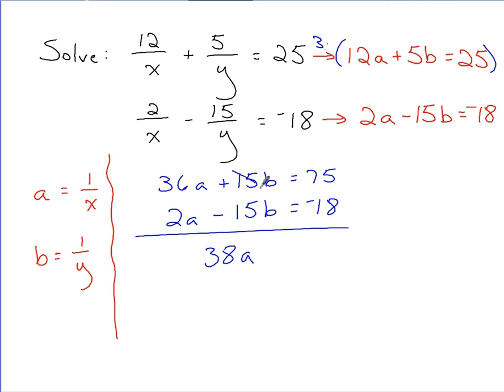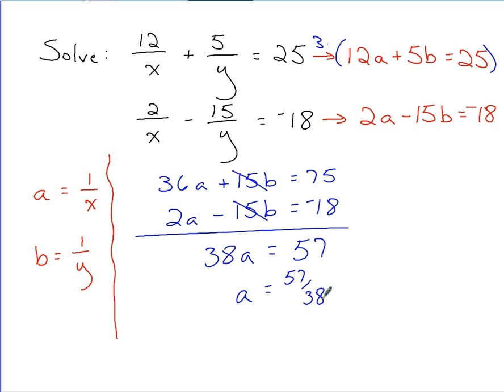The b's should cancel out. We got 75 minus 18, which is 57. That's wonderful, isn't it? Divide through by 38, and a is going to equal 57 over 38.